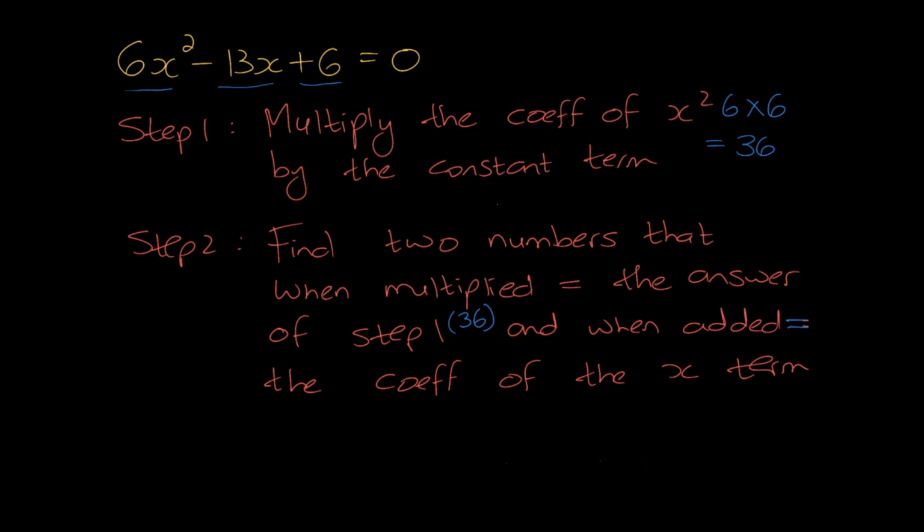I have found that there are various different options. However, minus 9 and minus 4 are indeed the correct answers, because minus 9 minus 4 gives us minus 13, and when we multiply them, they give us 36, and hence it satisfies the two parts of step 2.